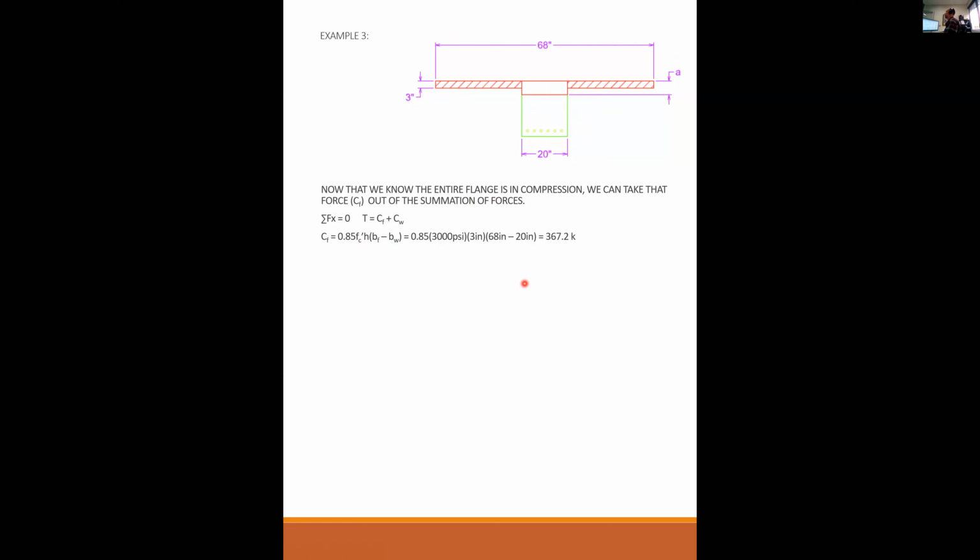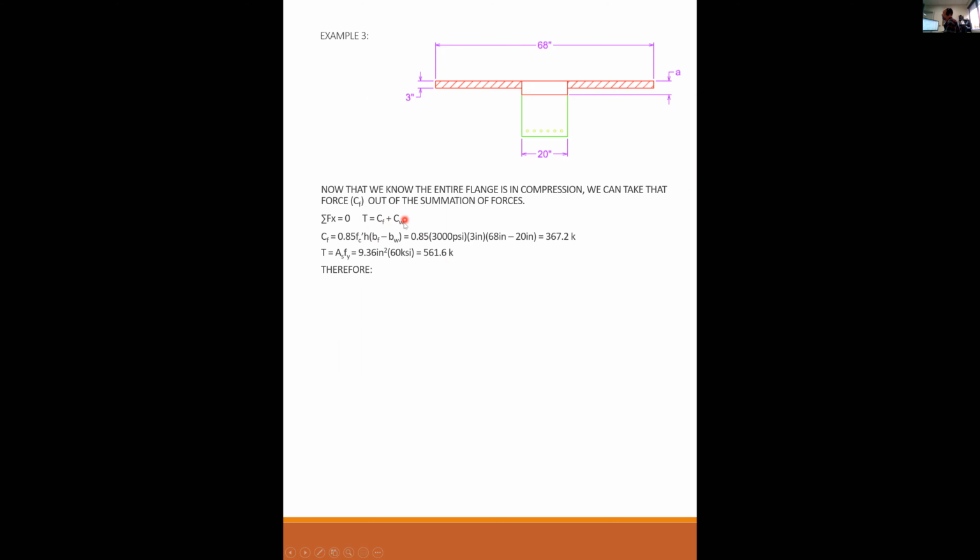So I know that. Once I proved that A is deeper than the flange, then I can take the whole force in the flange and take it out of the equation. So T equals to AsFy is 9.36 times 60 is 561.6 kips. Therefore, see this equation right here, my equality? I know what T is. I know what C sub F is.